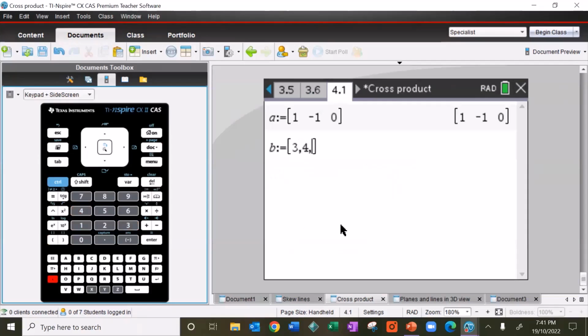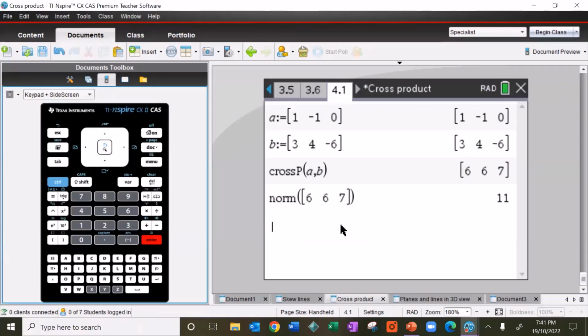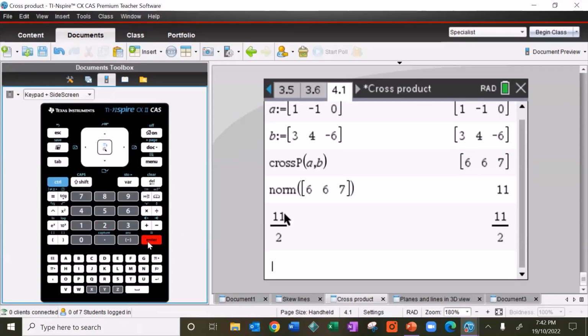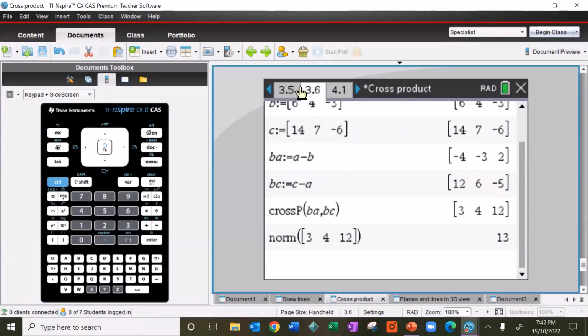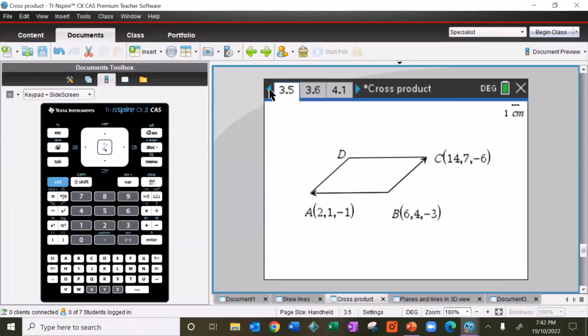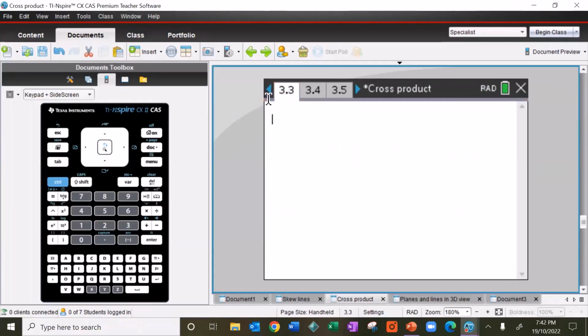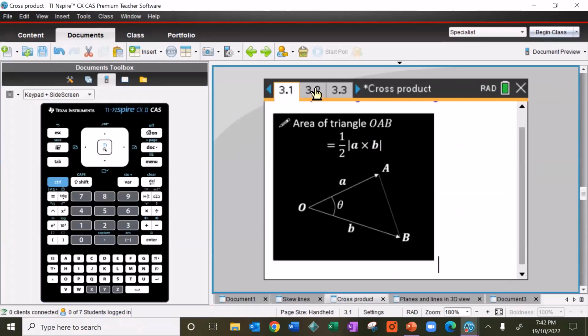And I find cross product again of A and B. Now I find the magnitude of the cross product. That gives the area of the parallelogram. And if I divide this by 2, that gives me the area of the triangle. So that's one of the applications of the cross product, finding the area of a triangle as by this picture.